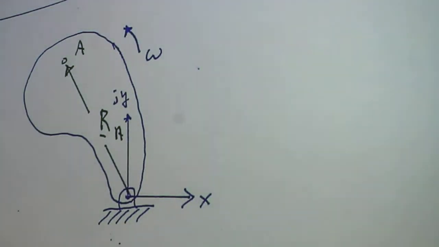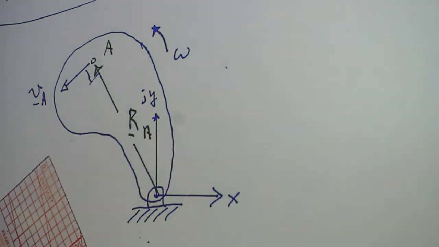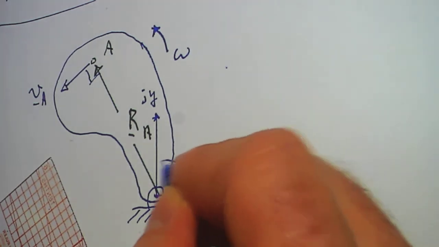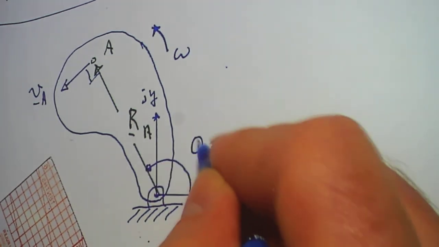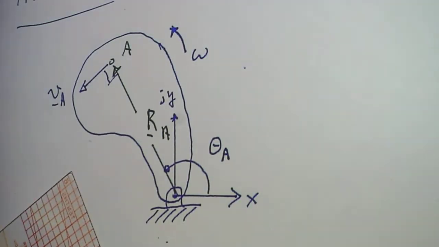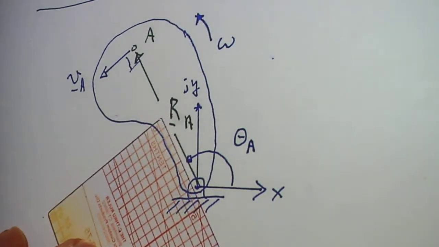And if omega was going like that, then this right here would be the velocity vector. All right? Perpendicular to that vector. And this vector right here, the position vector, is theta A. And I could also, if I wanted to, put my unit vectors in here.